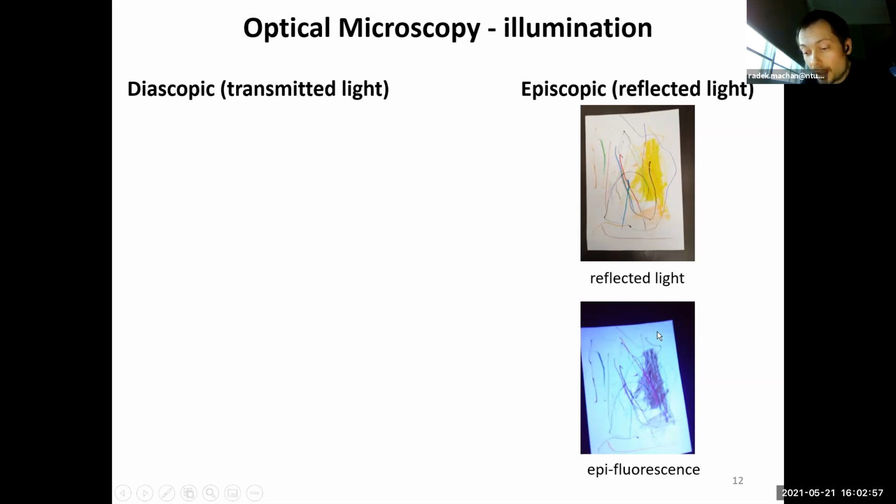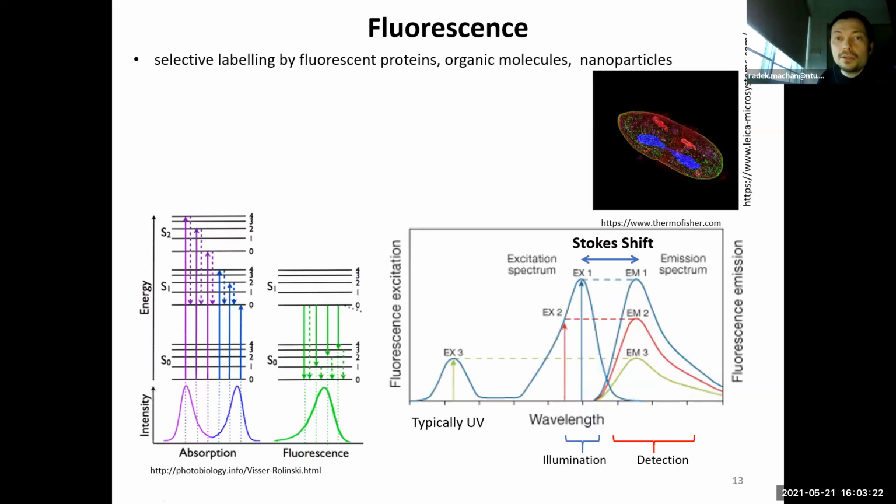And let's talk now about fluorescence and fluorescence imaging, because that's after all a large part of the work that is done in the facility and overall in biological microscopy nowadays is fluorescence microscopy. So let's talk briefly about the phenomenon of fluorescence.